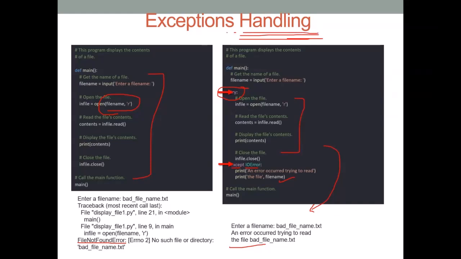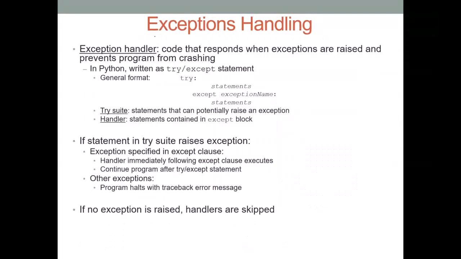So what do we call this? Try except. What do we call it? Exception handling. Exception handler: code that responds when exceptions are raised and prevents the program from crashing. Is it clear what exception handling is? Try except.